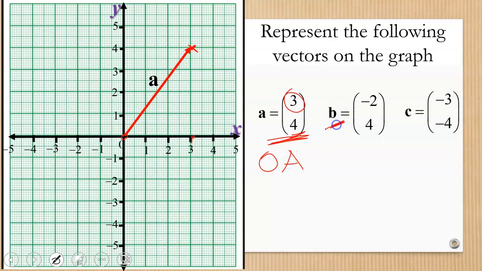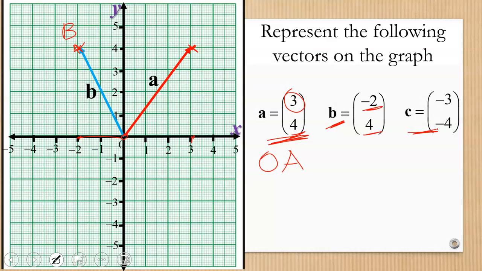Then again, B says move negative and then positive. So we move negative 2 on the x-axis, then positive 4 on the y-axis. So we get our point here. Let's call that point B. Then we join that point to the origin to create our vector OB, or vector B. Then the last one, we have C, which is (-3, -4).